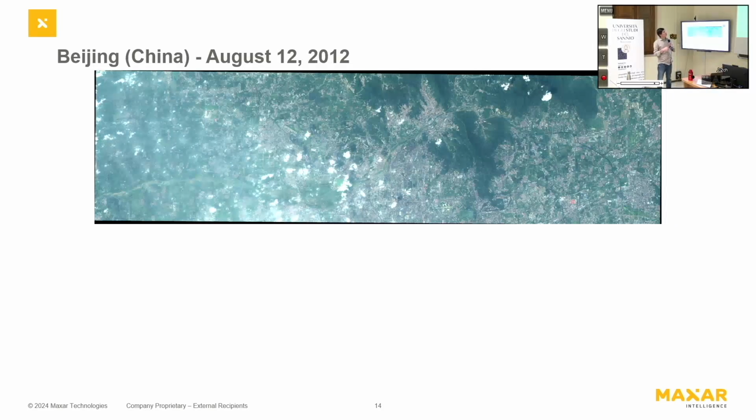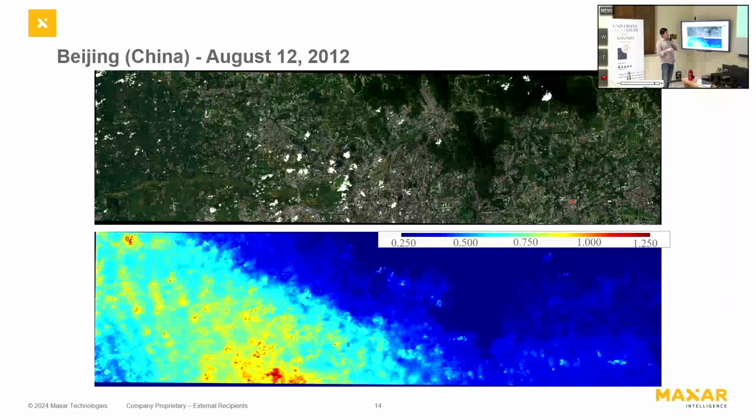This is Beijing. North is actually in this direction, but the image was too long to put in a slide, so I had to rotate it. What you can see, this is the city. Here are the mountains on the east side. There is a lot of atmosphere here. We can retrieve the AOD map, which is this one.